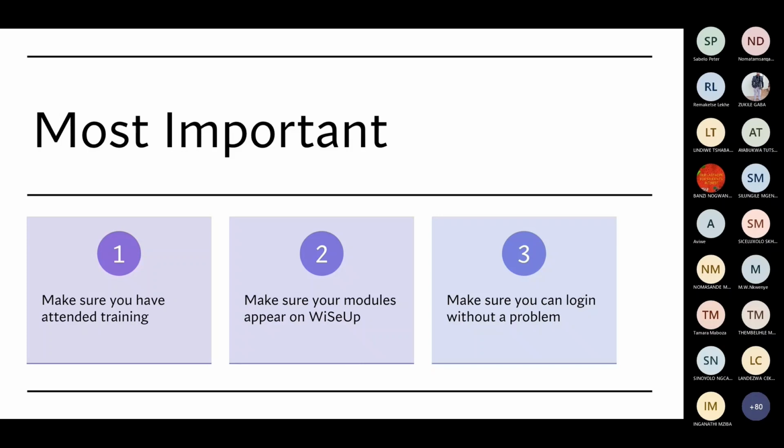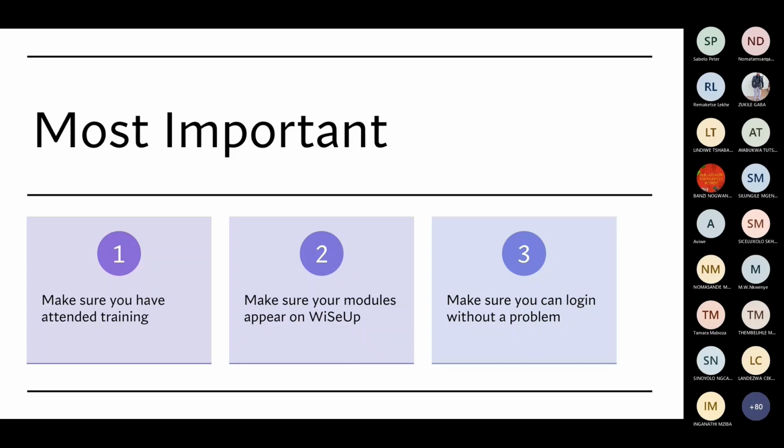Make sure that your modules appear on WhatsApp. Some of you have not registered some courses, but you are starting those courses. Make sure that you look at your proof of registration and match it with your friend and check that you are doing the same subjects. For education, you should be doing at least 10 subjects, but there are students who are registered for 9, 8, but they are attending 10 subjects.